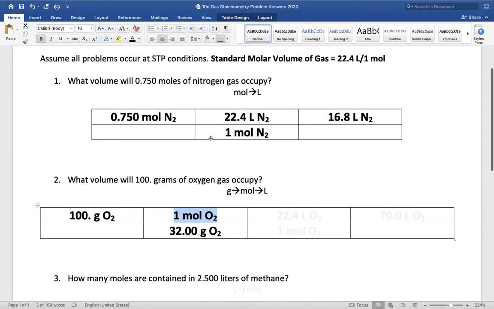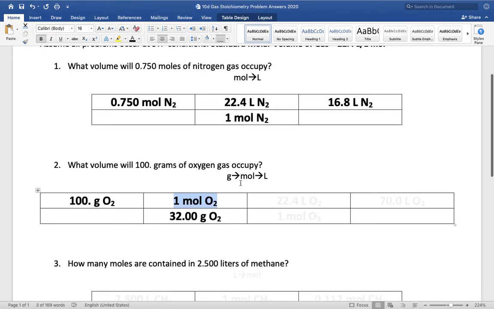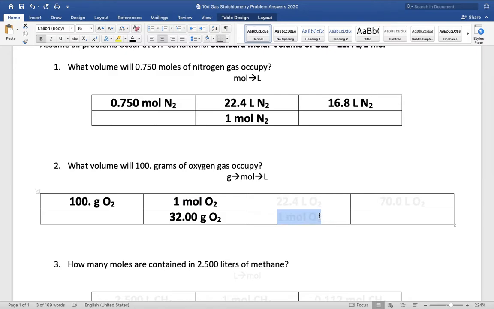I then use my standard molar volume of gas, knowing that there are 22.4 liters in 1 mole. And now I can punch this in. 100 divided by 32 times 22.4 gives me a final answer, 3 sig figs, of 70.0 liters of oxygen.